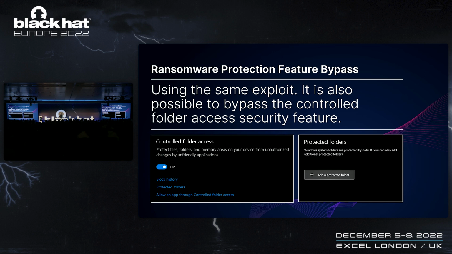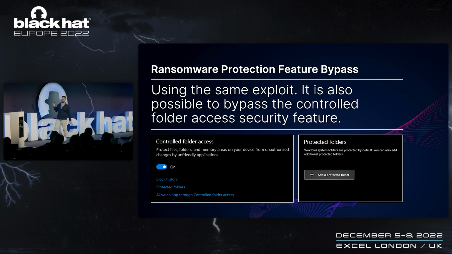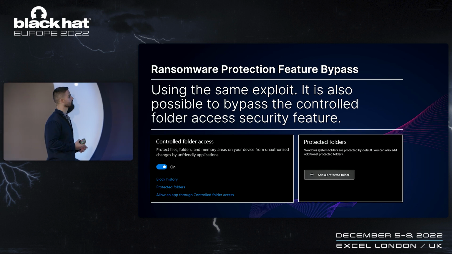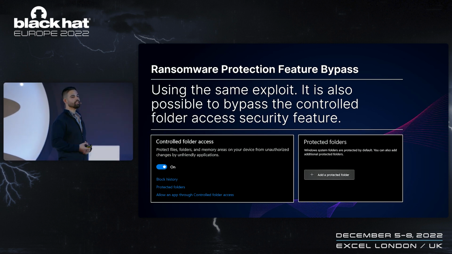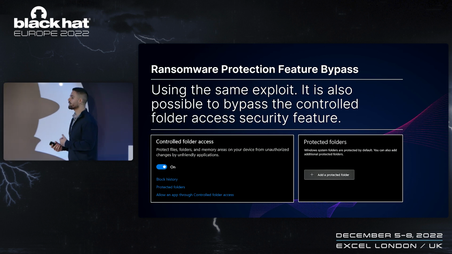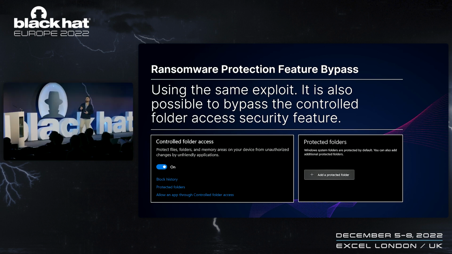So this exploit is effective against another scenario in which we want to bypass a ransomware protection feature, which is called controlled folder access. Basically, this feature prevents untrusted processes from modifying or deleting any file that is contained inside one of the protected folders.